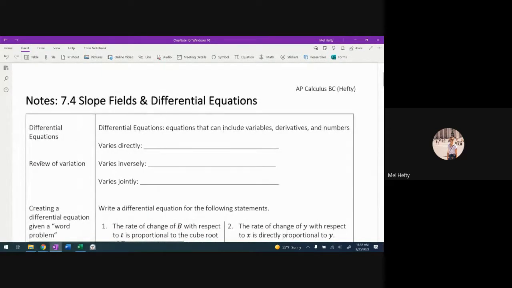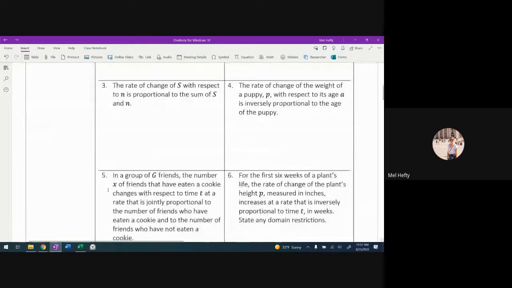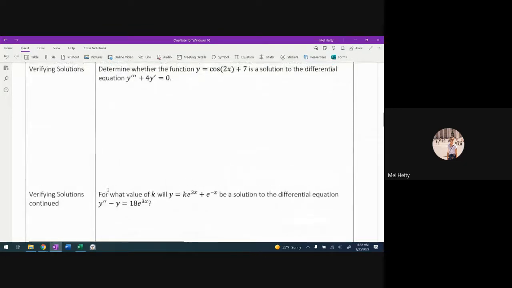All right, we ready to go now? Hello, hi. All right, so differential equations. Let me see if I can scroll down to one. So these would be examples of differential equations. This one has a couple of different derivatives in it. It has y triple prime, a third derivative, y prime, a derivative.